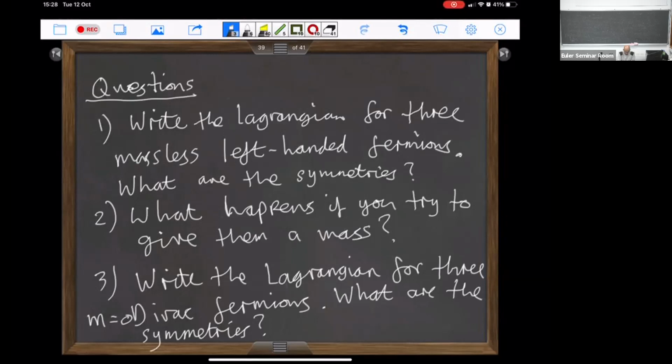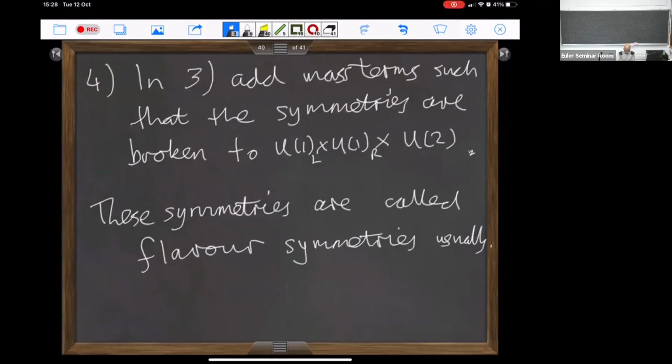Third one is similar to the first one, except we now want to write the Lagrangian for 3 massless Dirac fermions and explain the symmetries. And then finally, in that system, add appropriate mass terms such that the symmetries are broken to U(1) left times U(1) right times U(2). And these types of symmetries are generically called flavor symmetries, ones that act on fermions in particular.